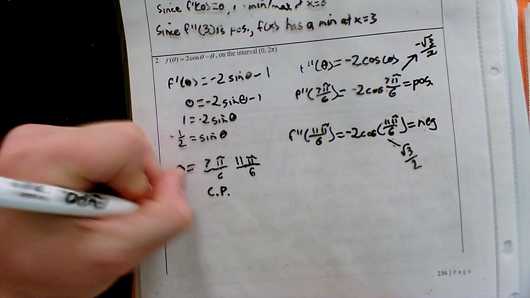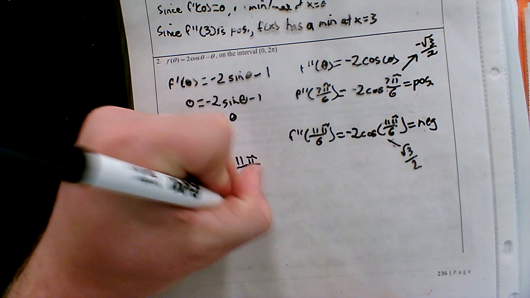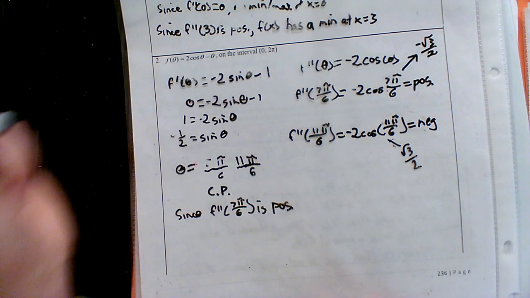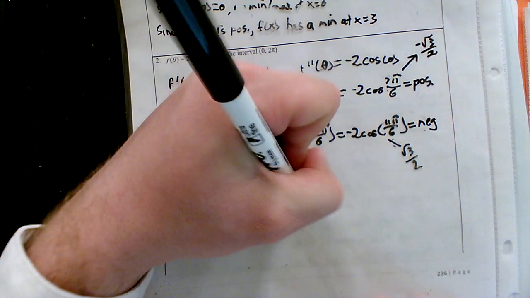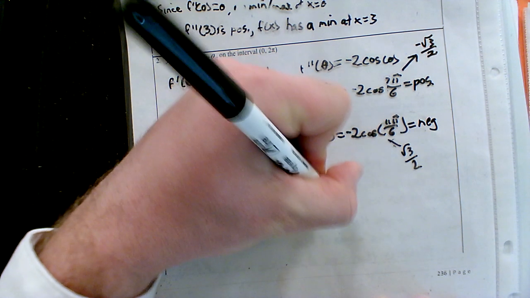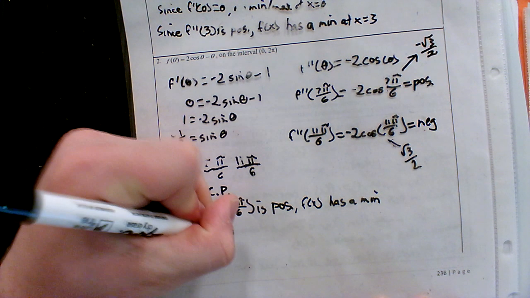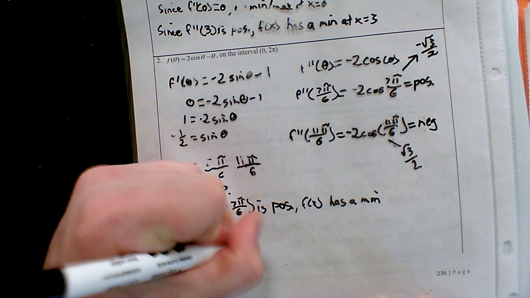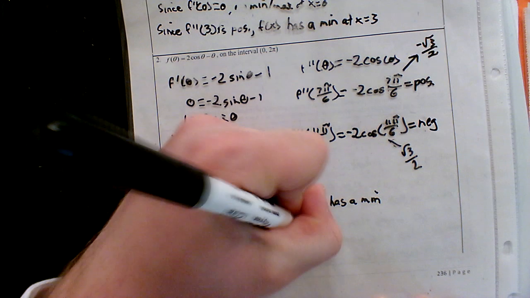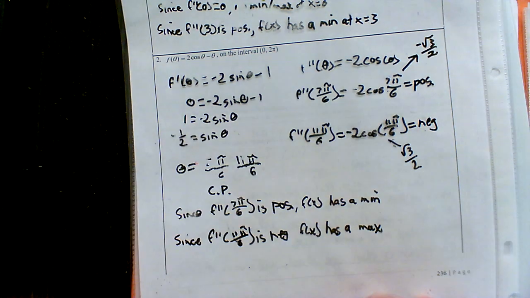Since f double prime of 7 pi over 6 is positive, is it... Exactly. Since the second derivative of 7 pi over 6 is positive, f of x has a min. Likewise, since f double prime of 11 pi over 6 is negative, f of x has a max.